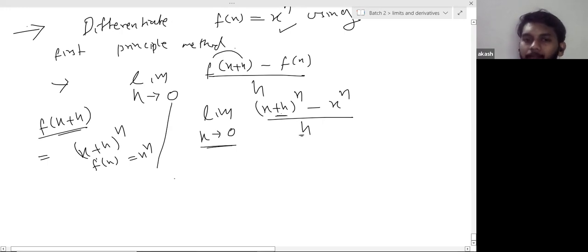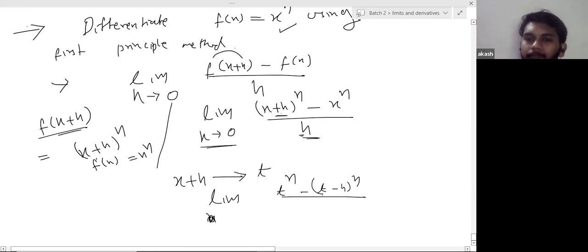So what we can do is put x plus h as another variable t. All right, so the question will become limit, x plus h is t, so this is t raised to the power n, and x will become t minus h, and h will become t minus x.